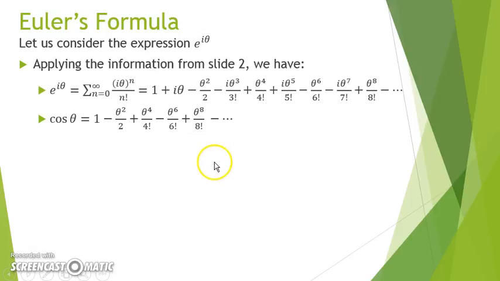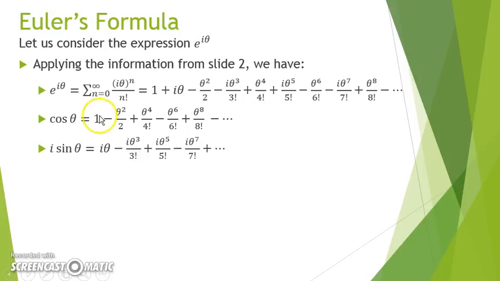Also, the cosine of theta, again from slide 2, we have 1 minus theta squared over 2 plus theta to the fourth over 4 factorial minus theta to the 6th over 6 factorial plus theta to the 8th over 8 factorial, and so on and so forth. And then i sine of theta equals i theta minus i theta to the third over 3 factorial plus i theta to the 5th over 5 factorial minus i theta to the 7th over 7 factorial, and so on and so forth.